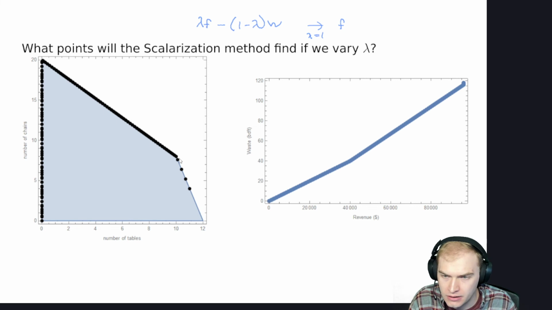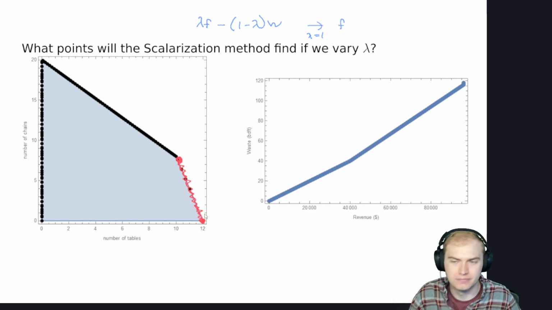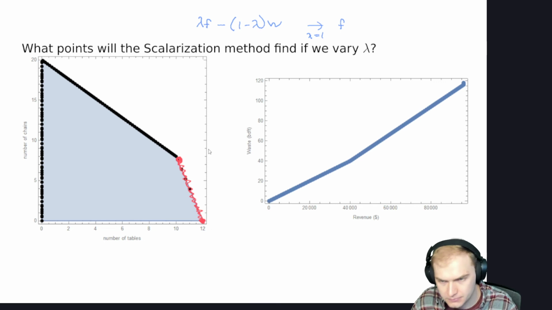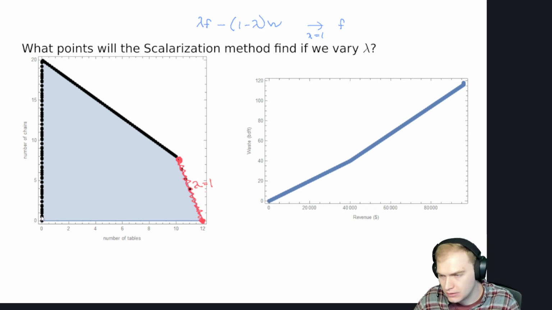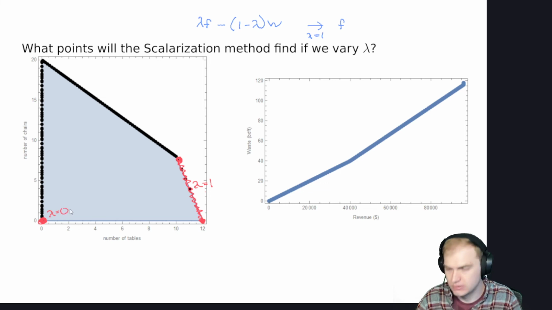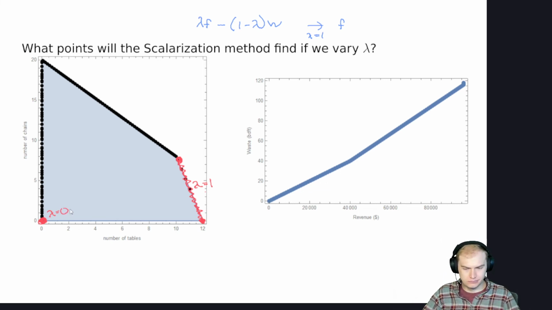Which means that any of these solutions are optimal to lambda equals 1. Now let's say we have lambda equals 0, we just want to minimize waste, we're going to be left with this point, the origin, because it has 0 waste.